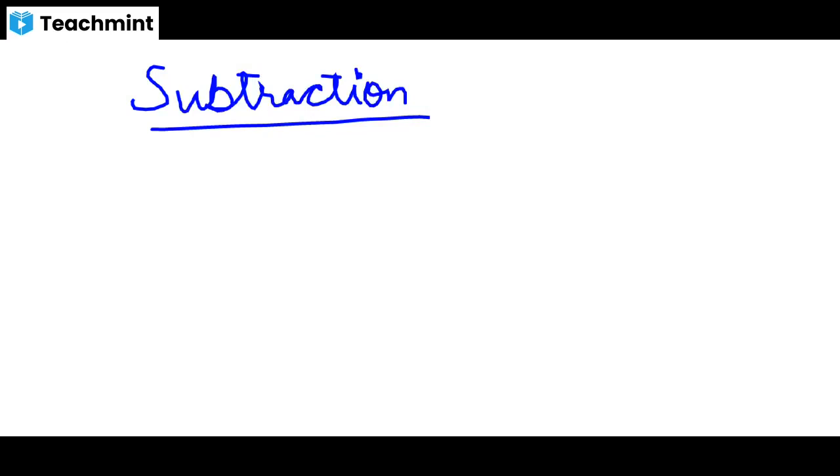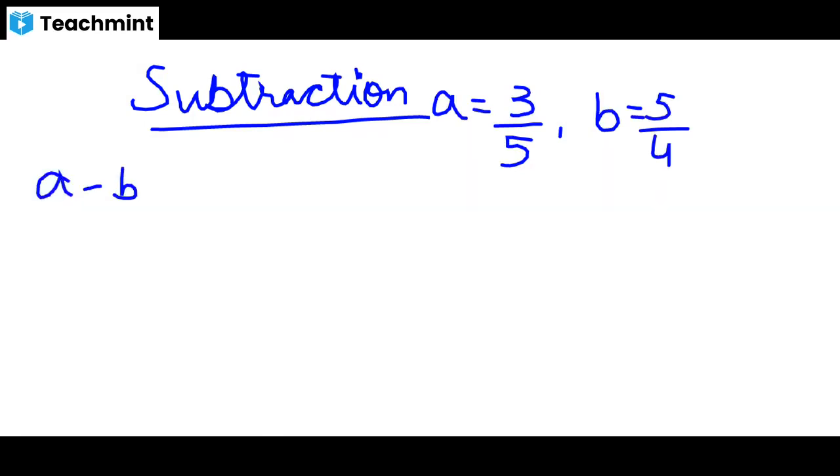For a value you can take any number like 3 by 5, and b value you can take 5 by 4. Check what you get, a minus b. a minus b is 3 by 5 minus 5 by 4. What is the LCM you are getting here?